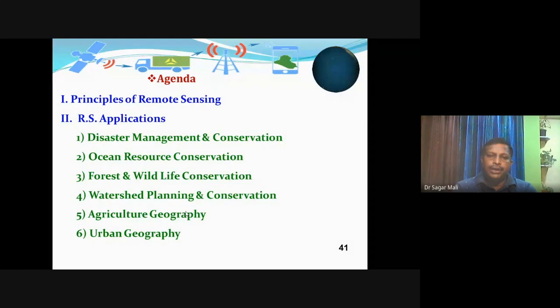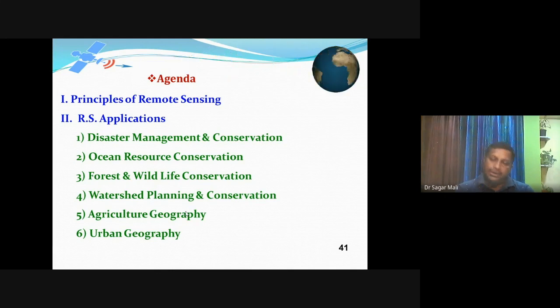Our session will continue in two phases. In the first phase, we will learn about the principles of remote sensing. In that, we'll see the basic concepts and the major principles on which remote sensing works. And in the second phase, we will see the areas, especially in geography, where remote sensing technology can be applied.